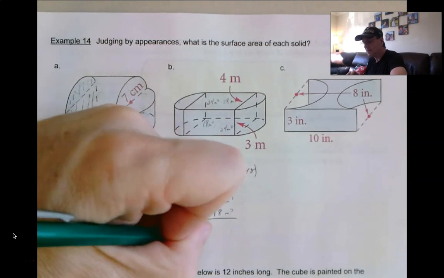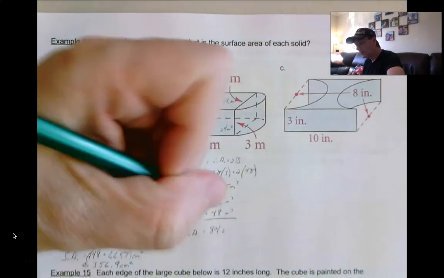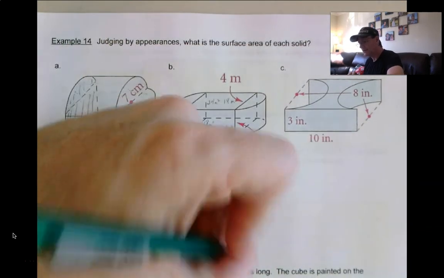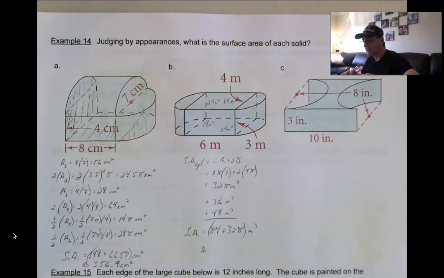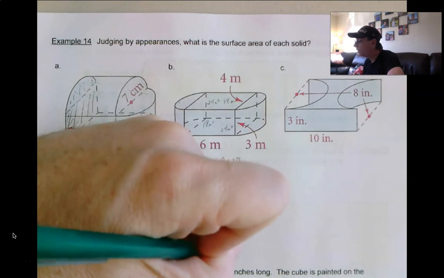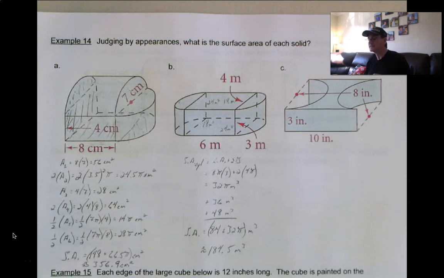Surface area of the whole shape, let's see, 36 plus 48, 84 plus 32 pi meters squared, or approximately 32 times the pi button plus 84, approximately 184.5 meters squared.